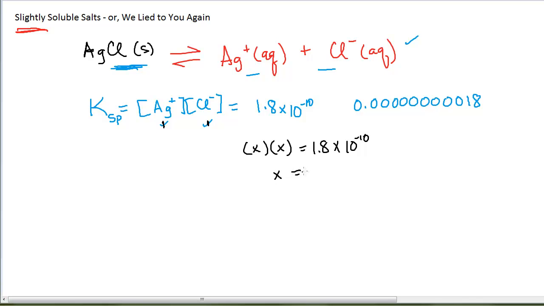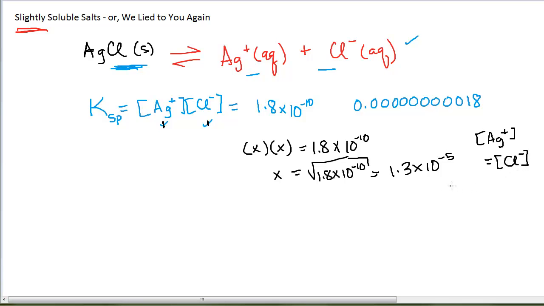To solve for x, take the square root of 1.8 times 10 to the minus 10, and you get that x equals 1.3 times 10 to the minus 5. That means the concentration of Ag plus, which is the concentration of Cl minus in a saturated solution of silver 1 chloride, would be 1.3 times 10 to the minus 5 molarity.